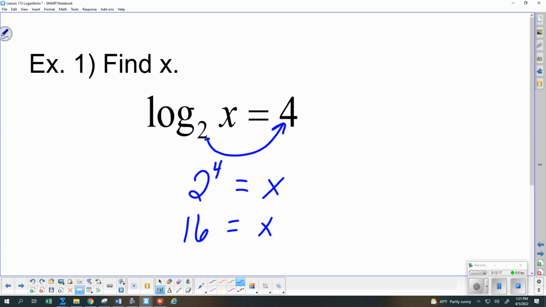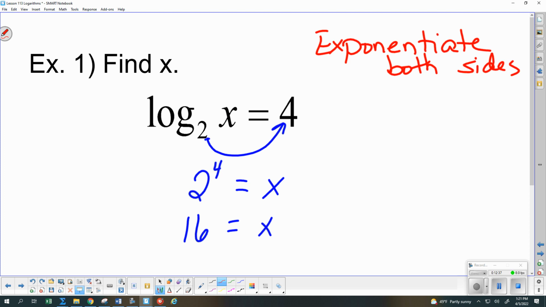Another thing that we will do later on when they're harder to evaluate by hand, and we're going to be using calculators on some of these, we can also think about that as exponentiating both sides. And by that I mean I'm going to take my original log base 2 of x equals 4, and I'm going to make both sides be an exponent. They need to be an exponent of the same thing.